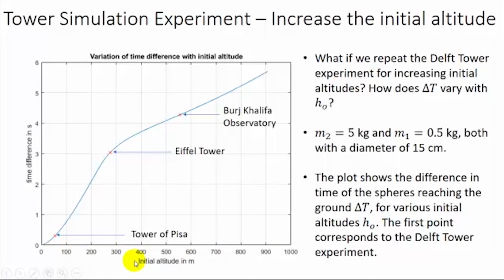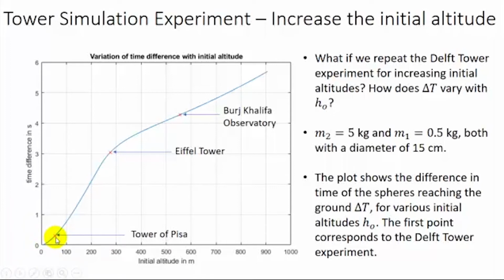The initial altitude is plotted here on the x-axis, and the time difference, delta t, which represents the difference in time for the two spheres to reach the ground, is plotted in the y-axis in seconds. The first point here corresponds to the Delft Tower experiment, which was shown in the previous slide that it was only 20 milliseconds. Therefore, very difficult to see in this slide.